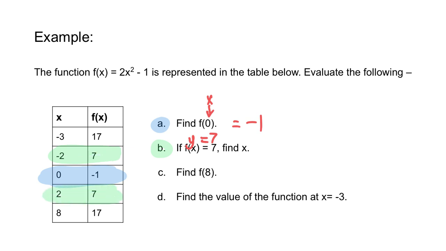So there are actually 2 values for this that work, -2 and 2. The next one asks us to find f of 8. Again, because that number is in parentheses, that's going to be an x. So I'm going to go to my x and find where x is 8. Right here at 17.